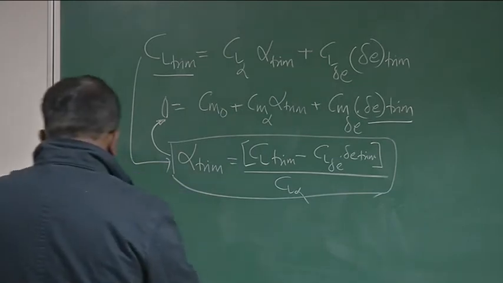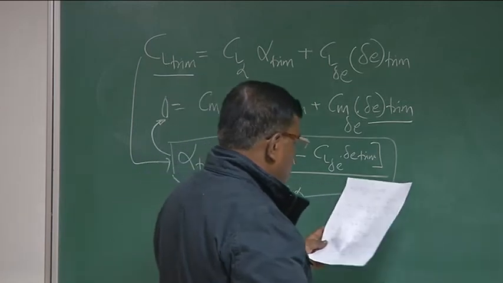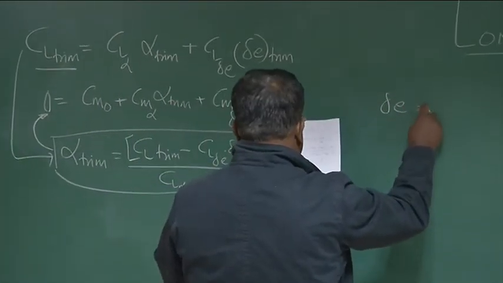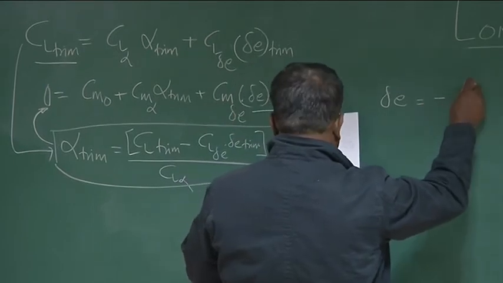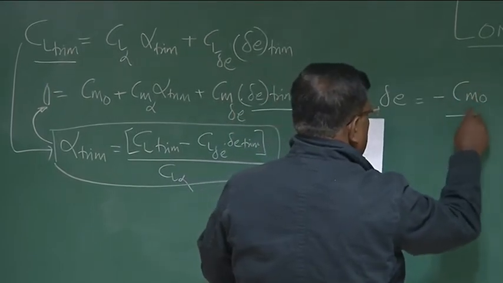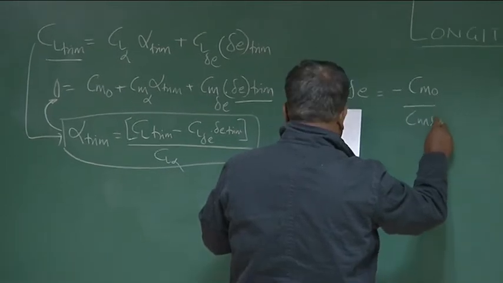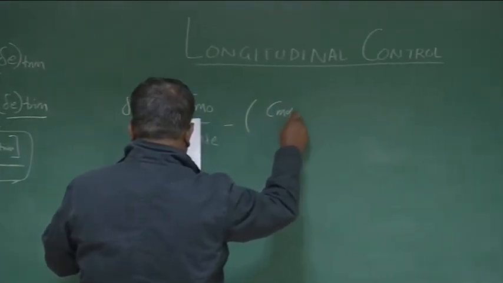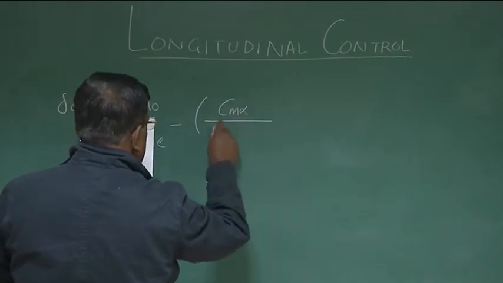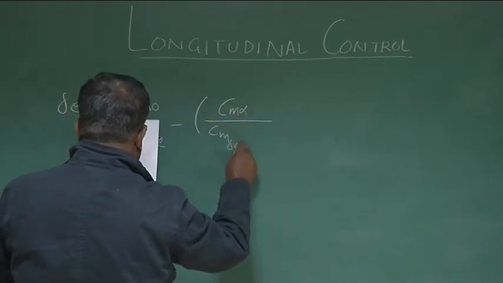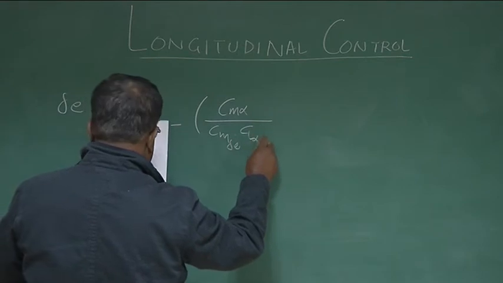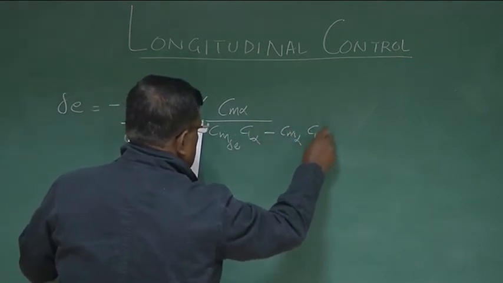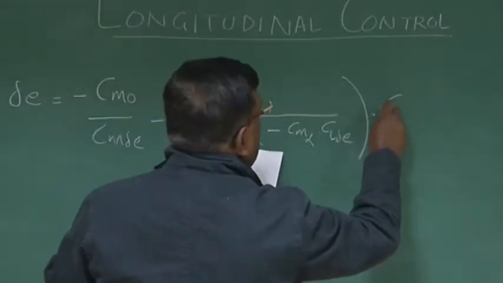And write the final expression, and that will be delta E equal to minus Cm naught by Cm delta E minus Cm alpha by Cm delta E into Cl alpha minus Cm alpha into Cl delta E into Cl trim.